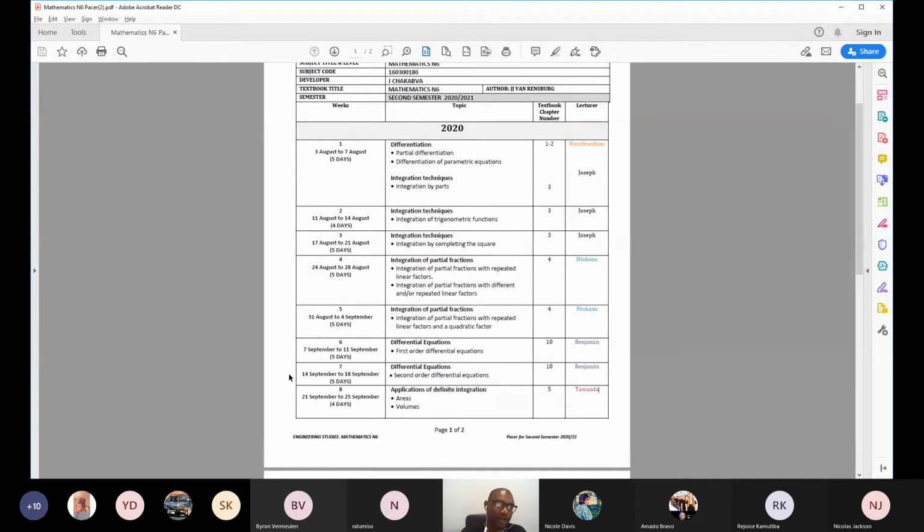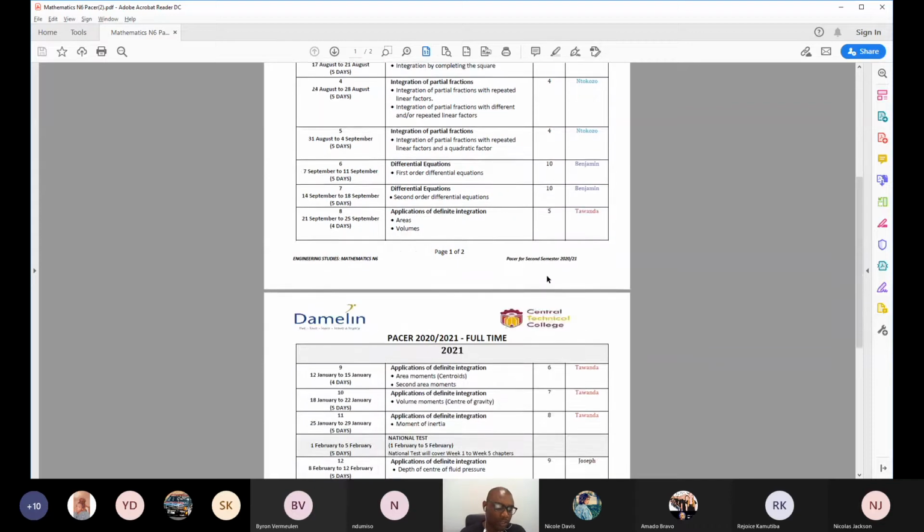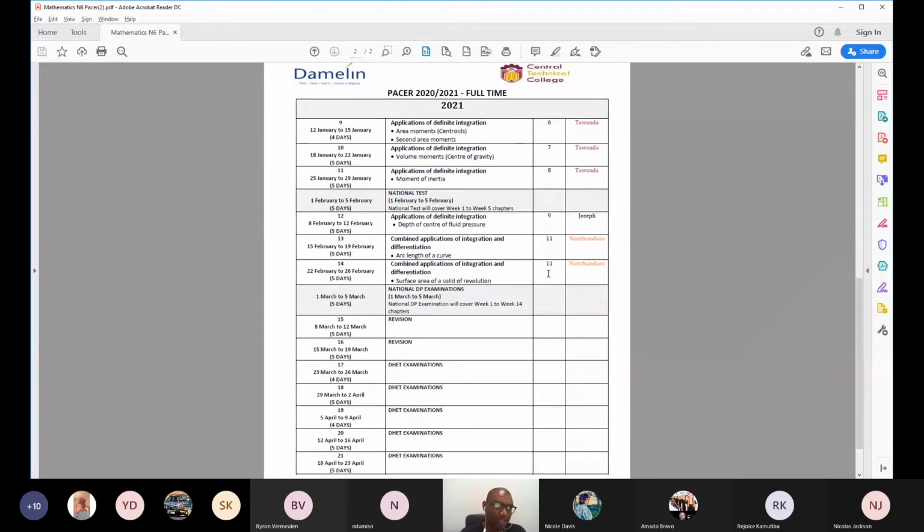And then if I go to the second page, it shows that it's all of module 5 as well, besides depth of center of pressure.